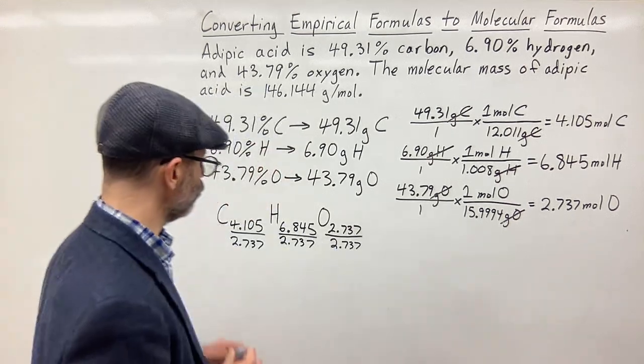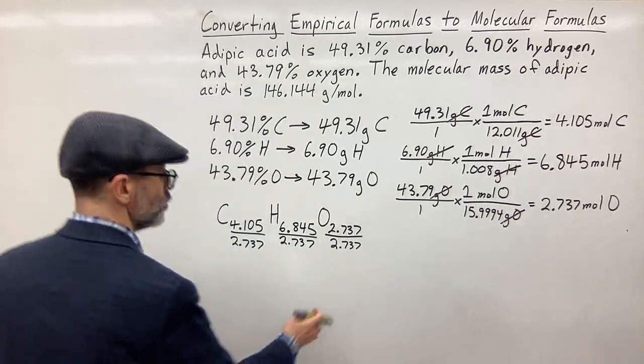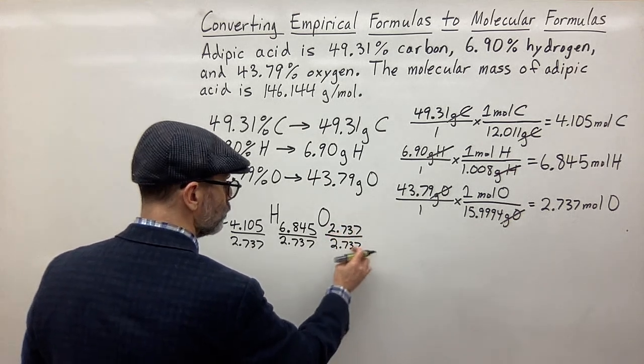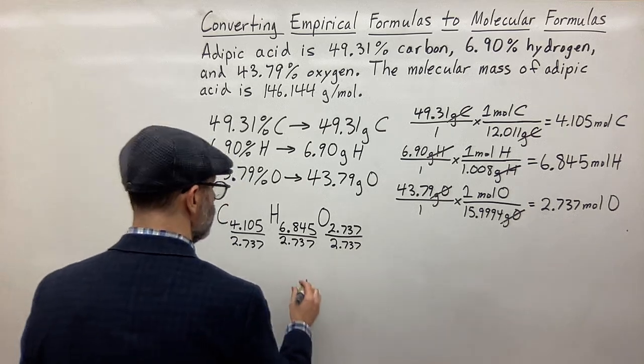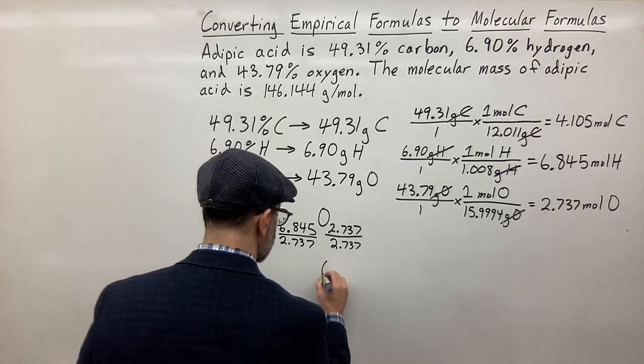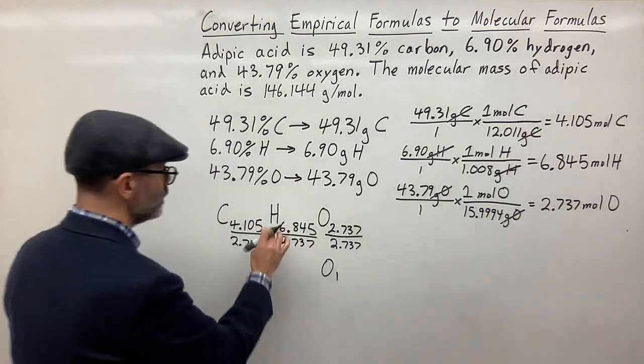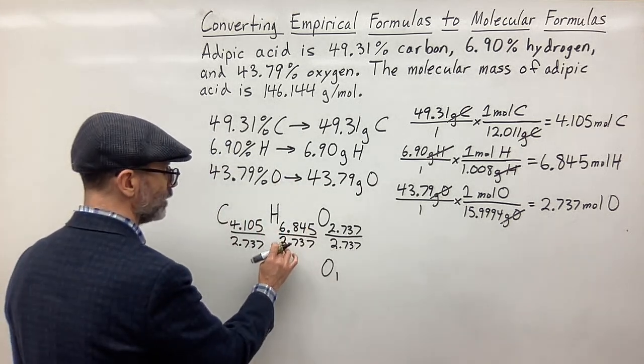So 2.737 divided by 2.737, that's 1, of course. I'll put a 1 there. 6.845 divided by 2.737. Oops.